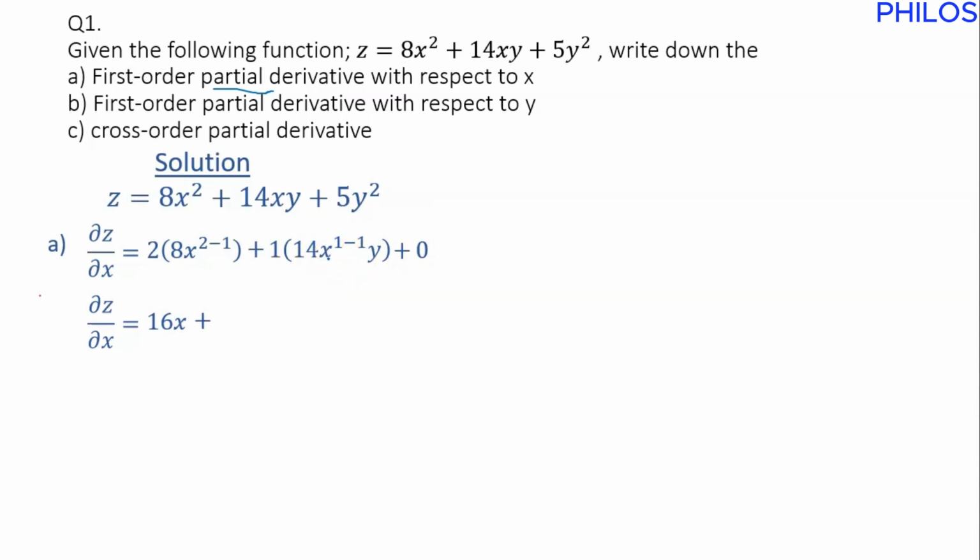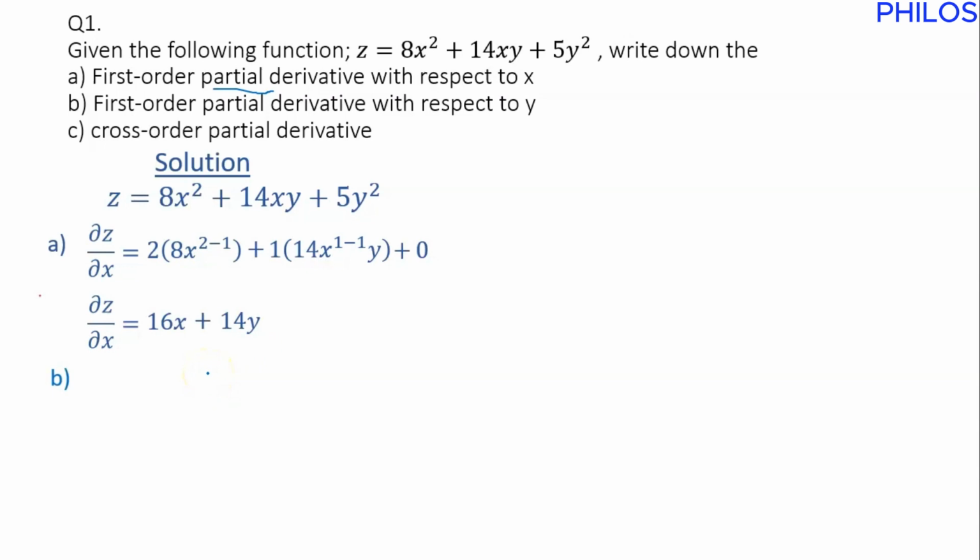So within the bracket, you have 14 times 1 times y, and that will give you 14y. Multiplying the 1 outside, it remains 14y. Plus 0, we don't need to write the 0 anymore. So when we differentiate z with respect to x, we get 16x plus 14y.